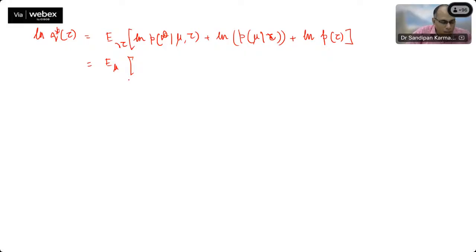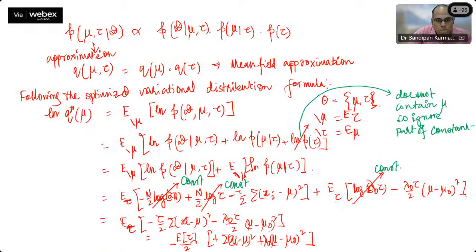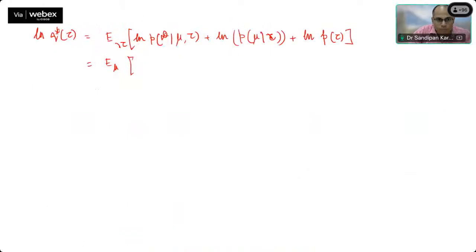I'm writing out the final expression straight away. Should I go step by step or do some step jump? Can anybody please confirm? So this will contain n by 2 log tau minus tau by 2 summation of xi minus mu whole square.